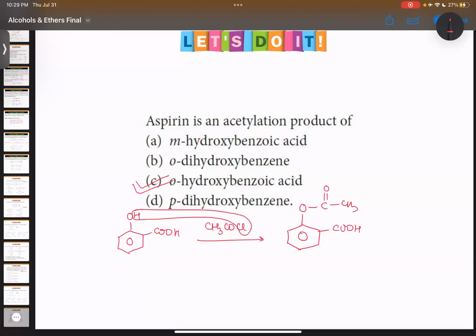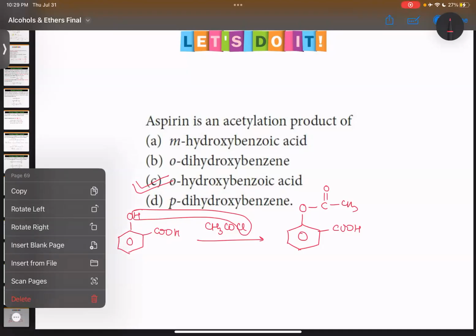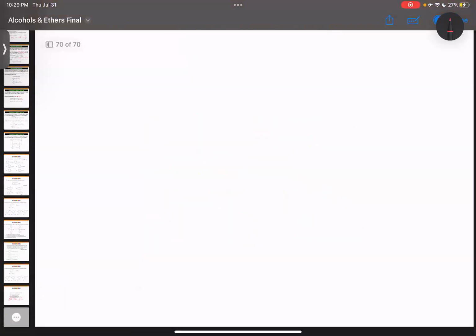Now the next question. This is similar to what we did, that CH3Cl and AlCl3.